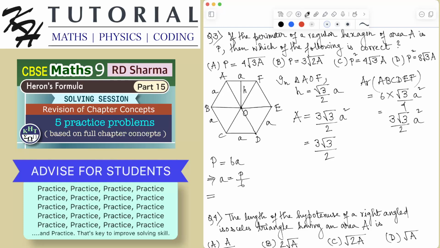So now the area becomes 3 into square root of 3 divided by 2 into P by 6 square. This is 3 square root of 3 P square divided by 36 by 2.